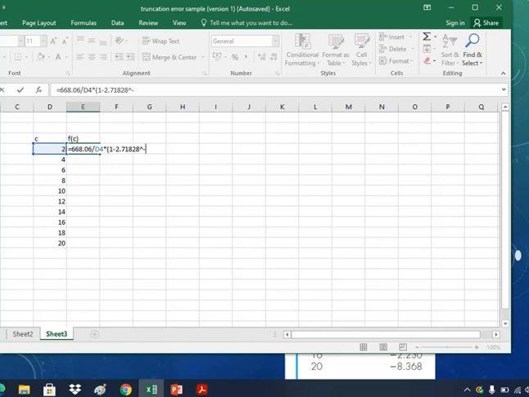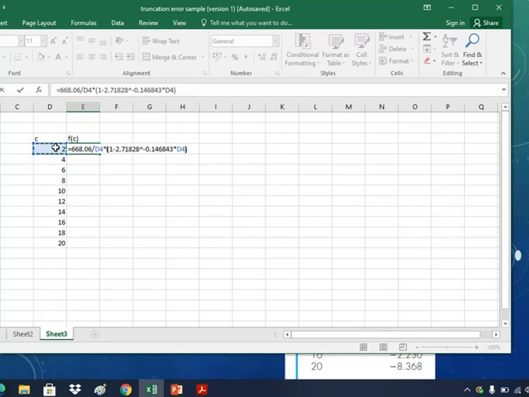Okay, that is e raised to negative c divided by m times 10. So we have the value of time 10 divided by the mass 68.1, that is equal to negative 0.1468, 0.1468 times c.